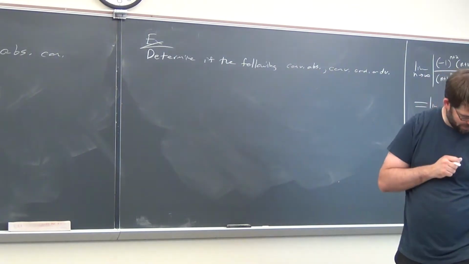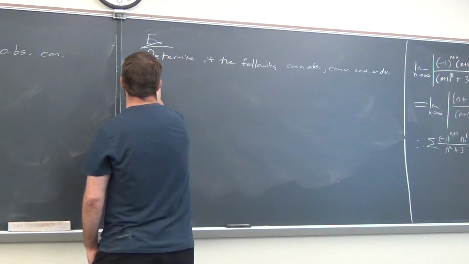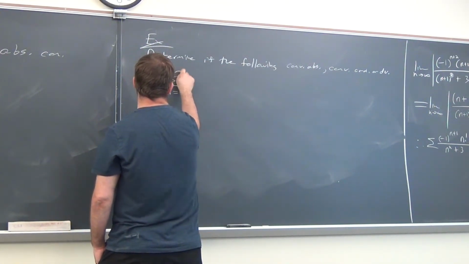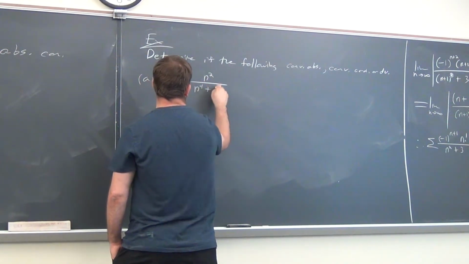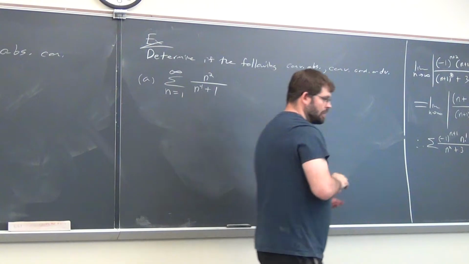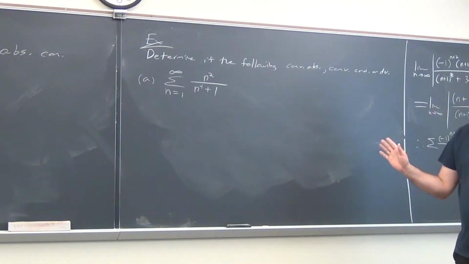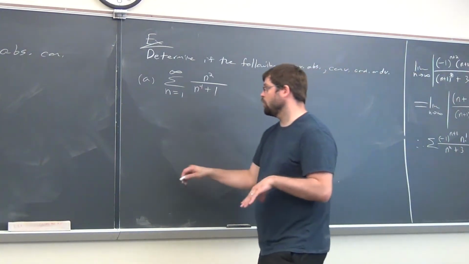All right, so let's just start with this one. The ratio test is going to fail when we try this one, but let's try it and see how it fails, and then we'll go on to whatever else.